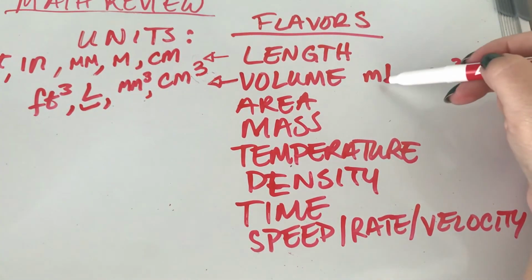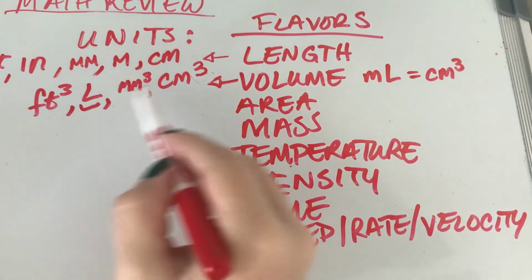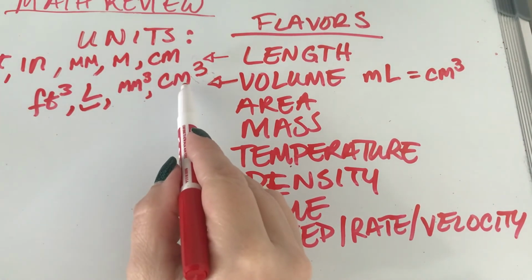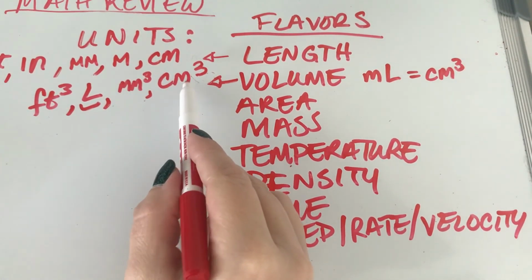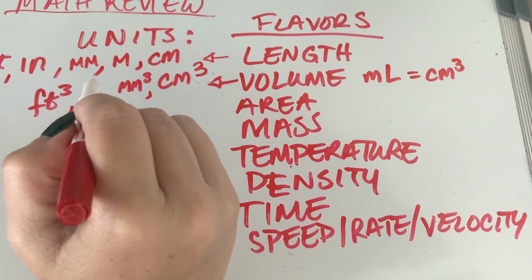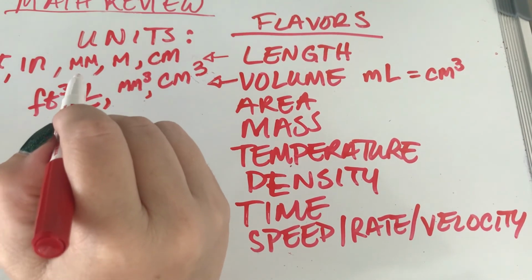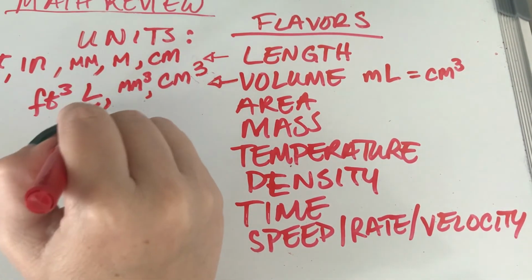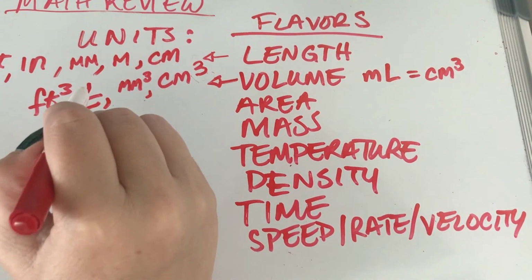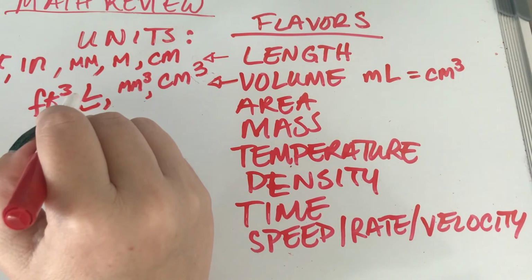So 1 milliliter is equal to 1 centimeter cubed. So these are related. But sometimes we'll have a unit that's kind of a placeholder for another unit, just because it's a convenience thing. Because we use volumes so much, we have a whole other unit that we use for it.